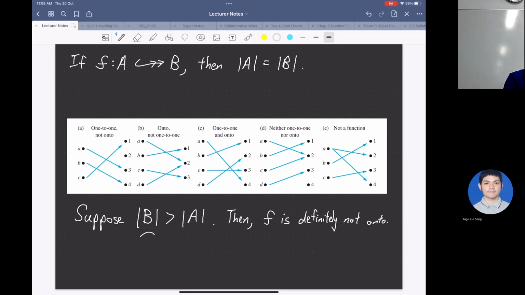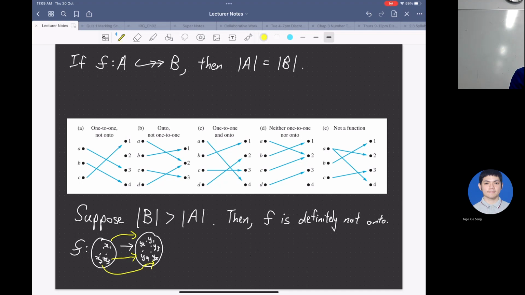For example, let's say F has three things, S1, S2, S3, and then you have maybe 4 or 5 things here, Y1, Y2, Y3, Y4, Y5. Every element only gets one chance, you can only go to one place. That means you can't reach all the elements here.